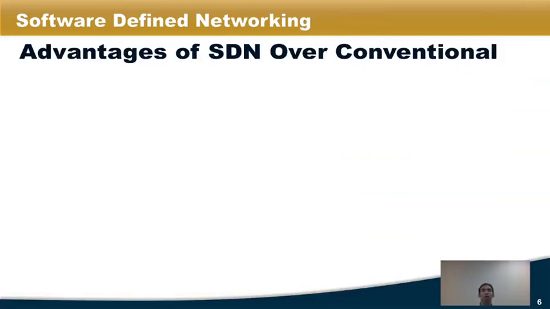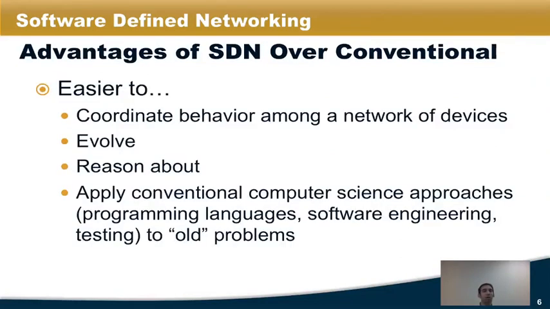So what are the advantages of software-defined networking over conventional network architectures? First of all, SDNs are much easier to coordinate. A network operator can write a program that allows the behavior of different network devices to be coordinated.